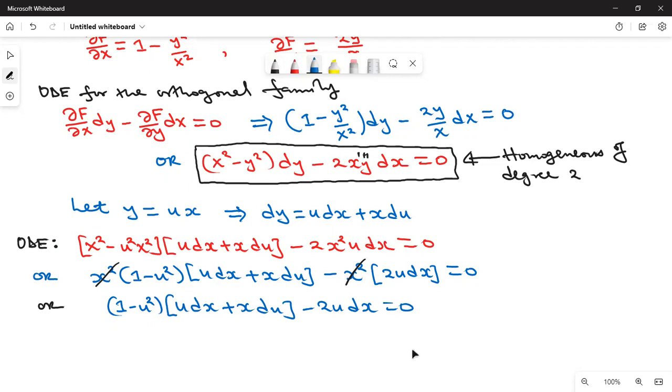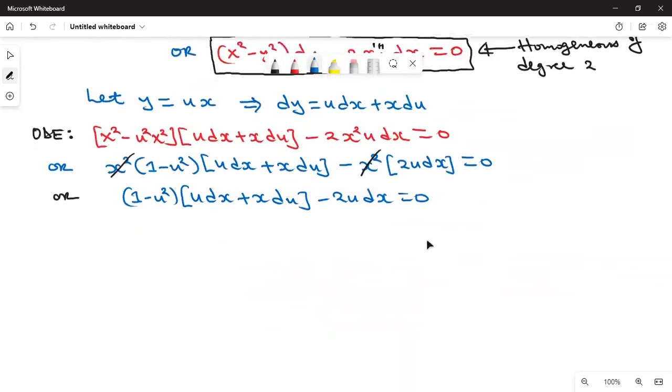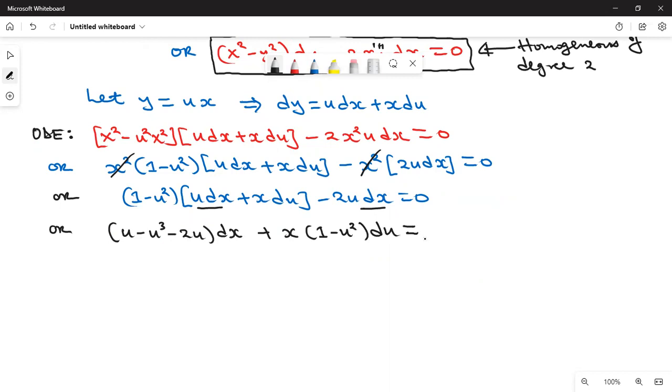So I can now combine the terms involving the dx. You can see dx appears twice, this and also this one. Let's combine them into one term. So you can just write u minus u cubed minus 2u dx plus x into 1 minus u squared du is equal to 0.